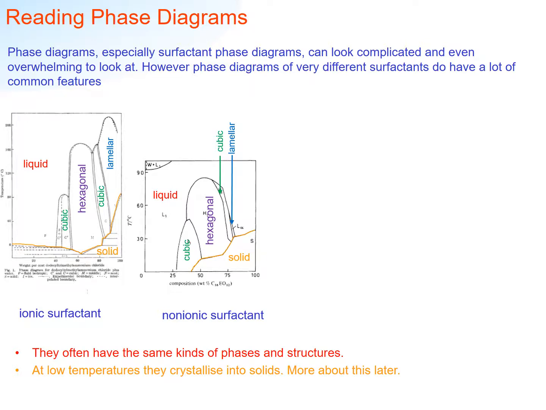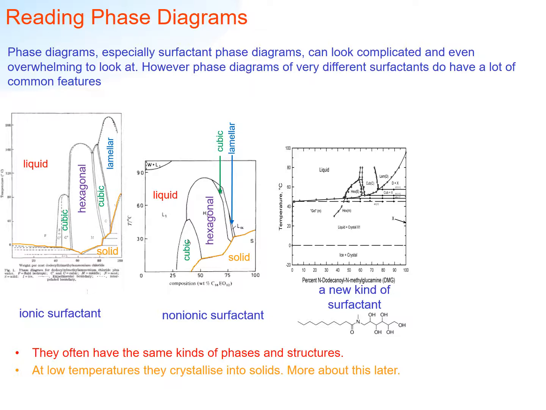There are regions of both phase diagrams that we'll just for the moment label as solids. Another non-ionic surfactant behaves in similar kinds of ways with similar kinds of features. Liquid phase, hexagonal phase, cubic phase, and lamellar phase, and then a region below which there are solids present.